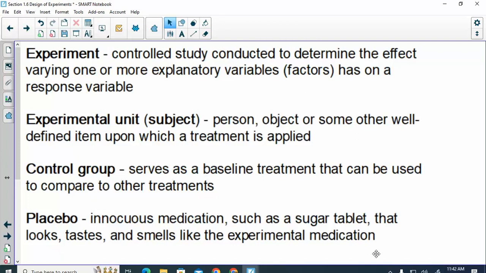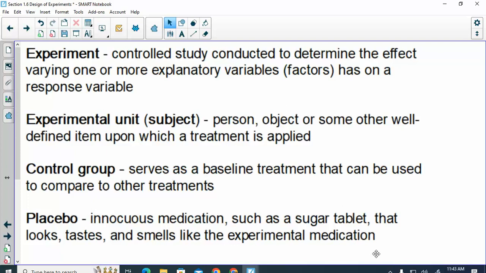There are sometimes experiments where somebody doesn't know what treatment they're getting, like in the placebo example. Okay, I give two people pills. One of them is supposed to get rid of acne, and the other one is a placebo.